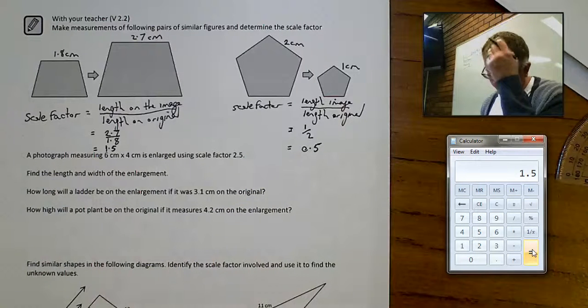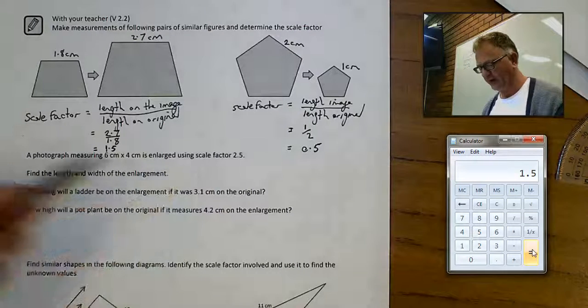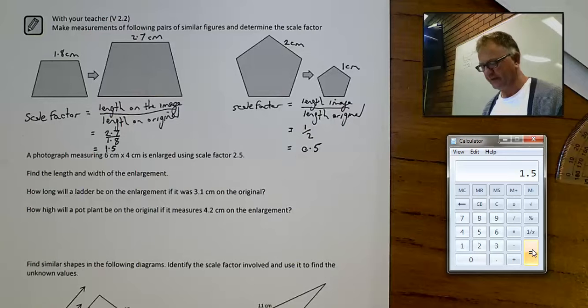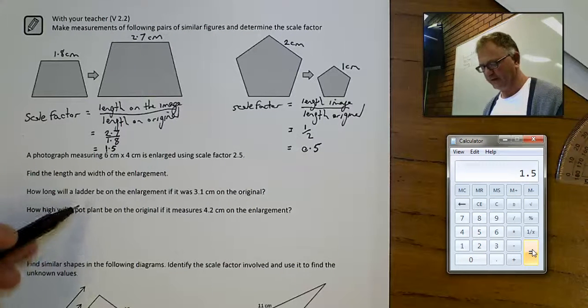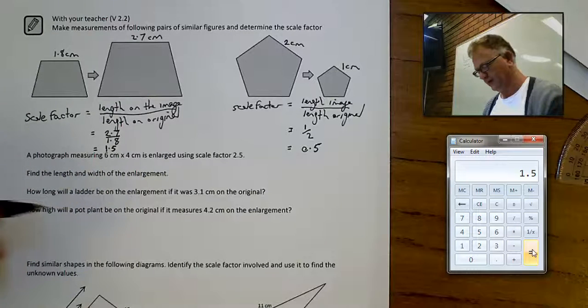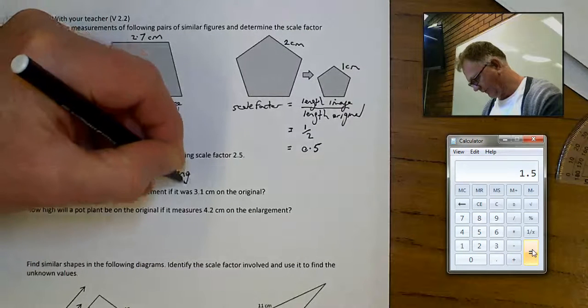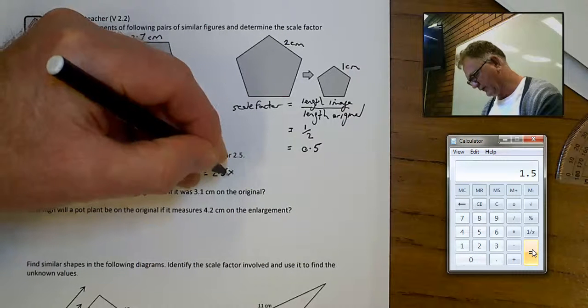We've got a photographic enlargement in the next question here. A photograph which measures 6 by 4 is enlarged using a scale factor of 2.5. That means everything on the image or the enlargement is 2.5 times the size that it was on the original. Find the length and the width of the enlargement. Well, the length will be 2.5 times what it was on the original. So its length is going to equal 2.5 times 6 centimetres.